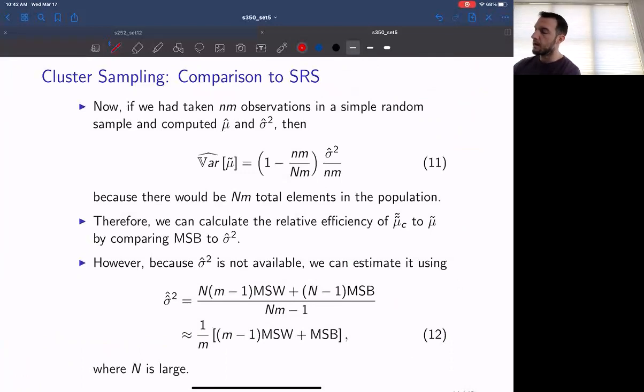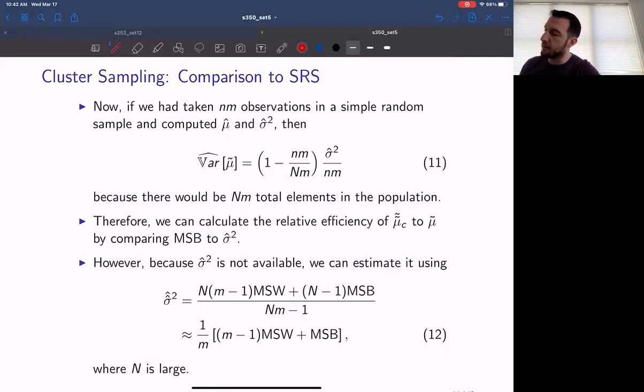Okay, so if we had taken n times m observations in a simple random sample and used those n times m observations to compute mu hat and sigma hat squared, then our estimate for the variance of mu tilde is going to be 1 minus n times m over capital N times m, of sigma hat squared over n times m, right? This should be fairly logical, because you're basically saying that we have n times m total observations in the sample that we have collected.